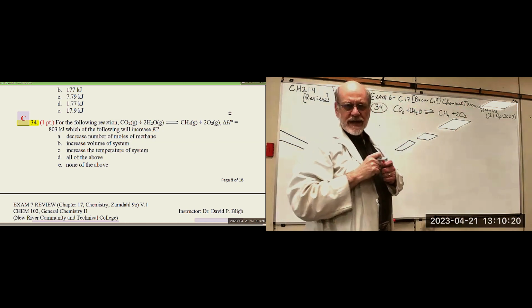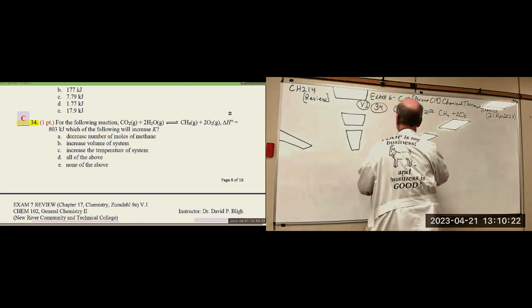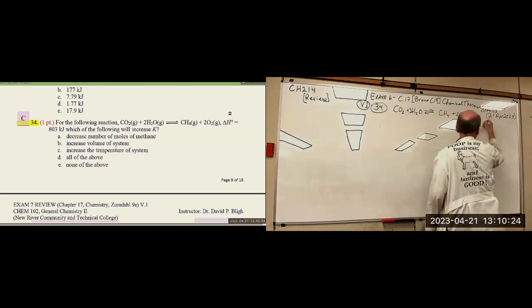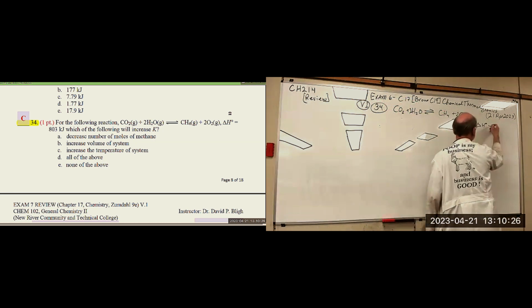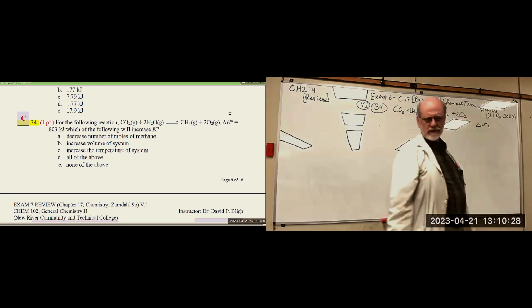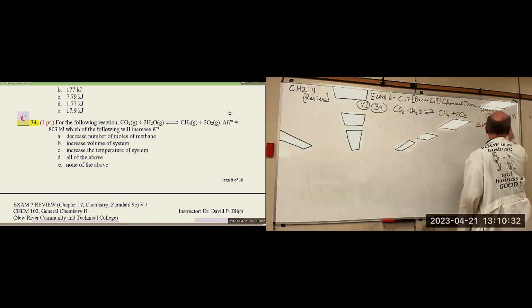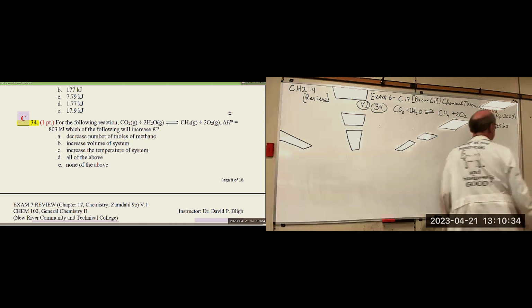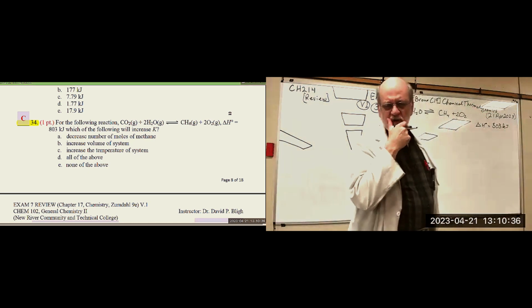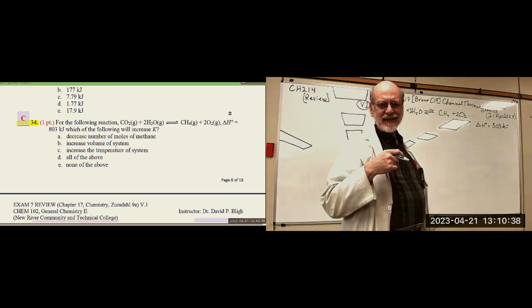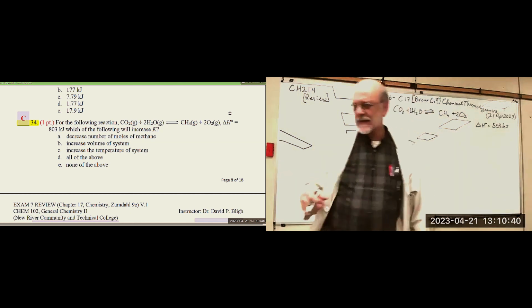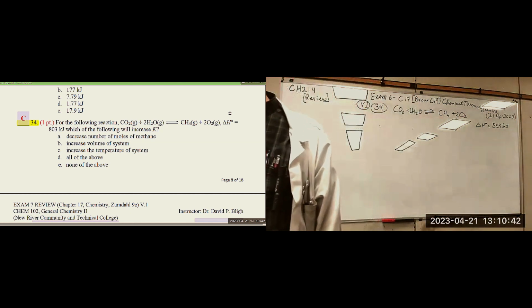Delta H is 803 kilojoules. So the delta H for this reaction, under standard conditions, is 803 kilojoules. Okay. Which of the following will increase K?